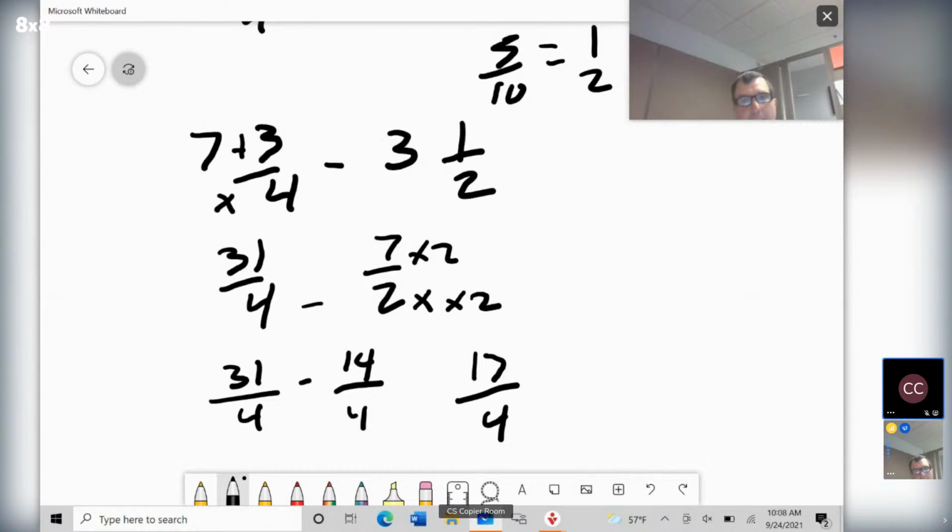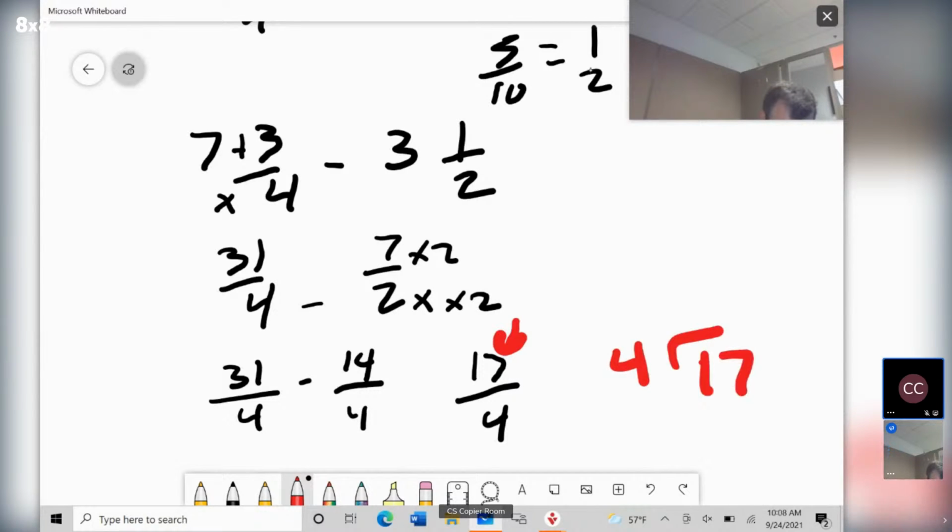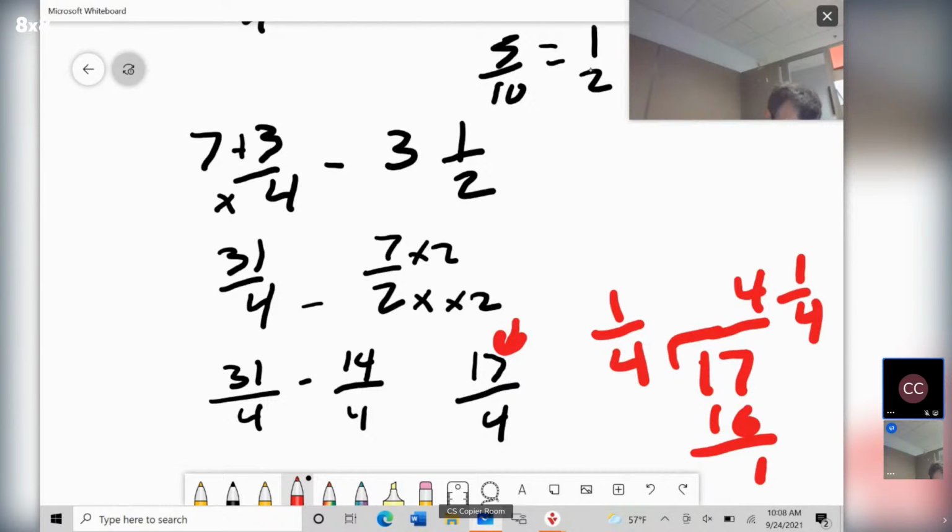If it's not, you're going to be like, oh, well, it's an improper fraction because once again, this top number, the 17, is bigger than the 4. So then we just do the 4 into 17, and that goes 4 times, and there's 1 left over, and it just goes over that. So it'd be 4 1/4. So 17 over 4 is equal to 4 1/4.